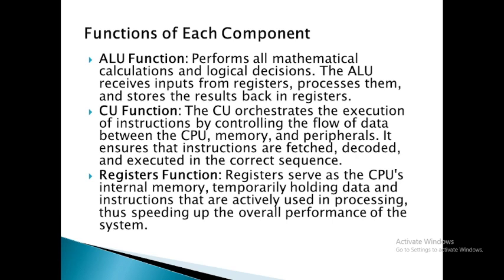Remember, the peripherals are the devices found outside the system unit. The CU ensures that instructions are fetched, decoded, and executed or processed in the correct sequence. That's why it's called a control unit.